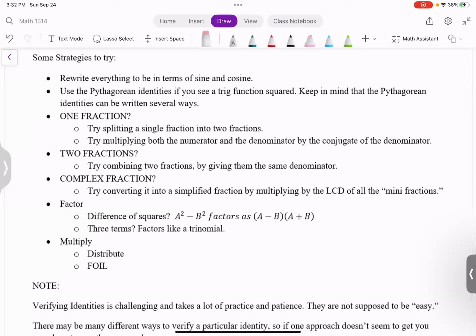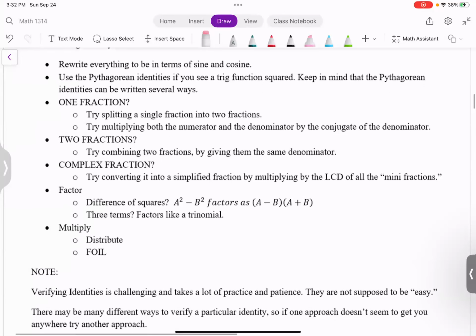And the next one, two fractions, maybe you can combine them. And complex fractions: try converting them into a simplified fraction by multiplying by the LCD of all the mini fractions. Factor a difference of squares. If we have a squared minus b squared, what is that?